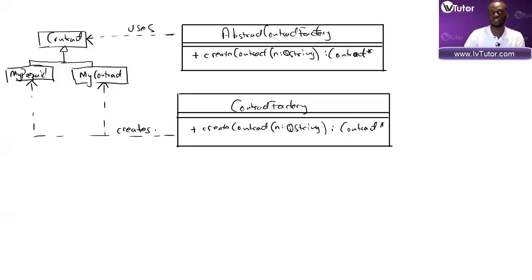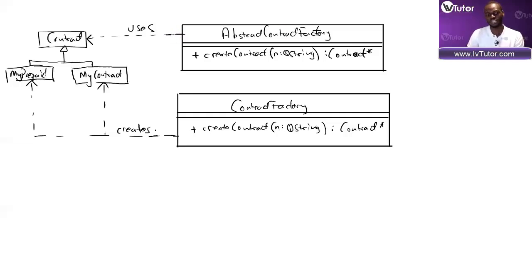So if you look at the original diagram that we did in the overview of the factory method design pattern, I think it should be the video right before this one, it's exactly the same diagram. The only twist is that we've changed the names to be contracts. We return a contract, not a product. We've got two classes. Our creates relationships are here. It's association, and that's it.